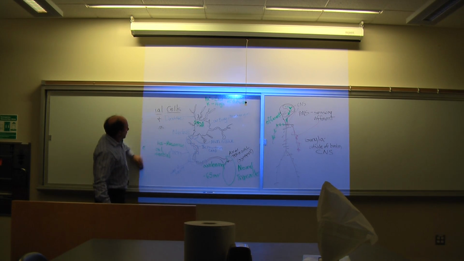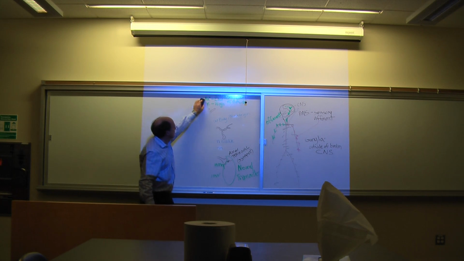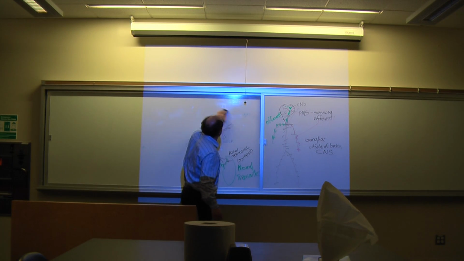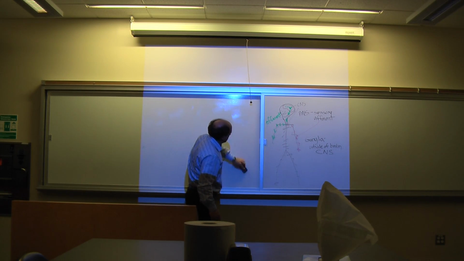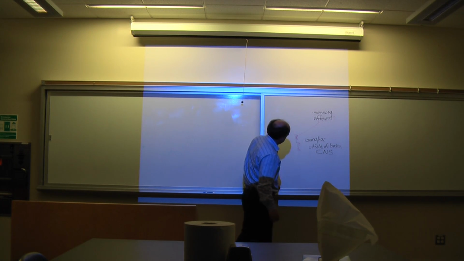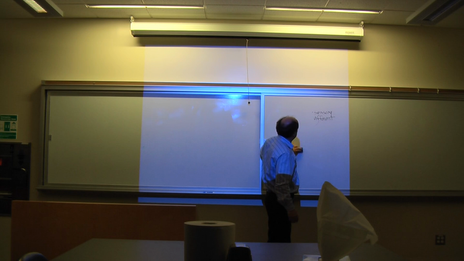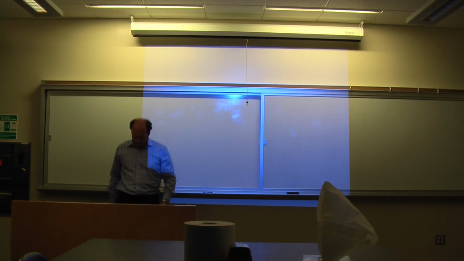So I hate to do it, but let's erase this part. I think we got a good start on it with that diagram. Actually, we could see if this comes up on the DVD, I'm not sure.